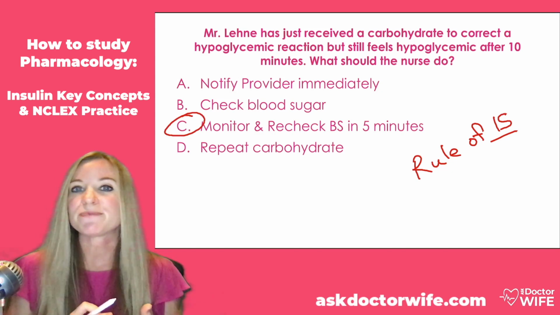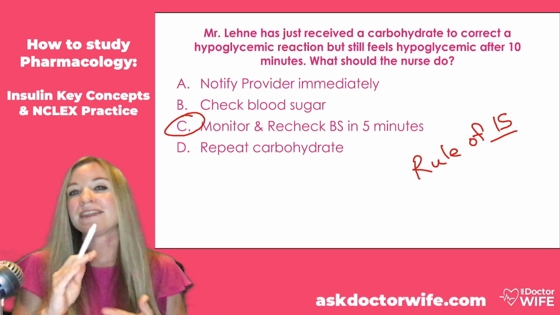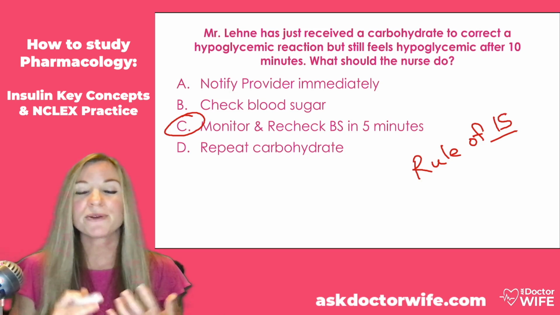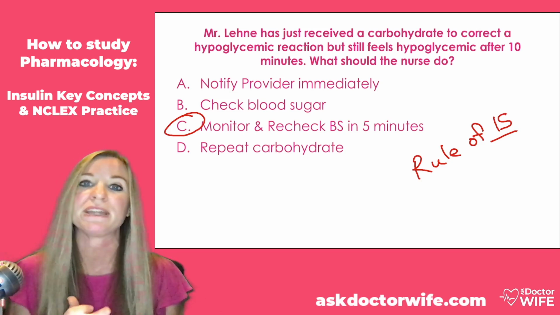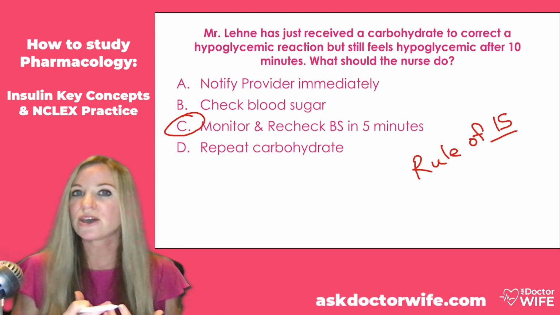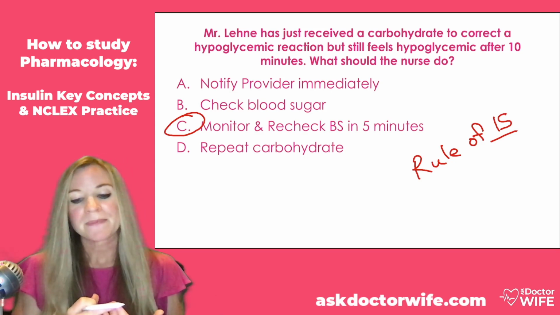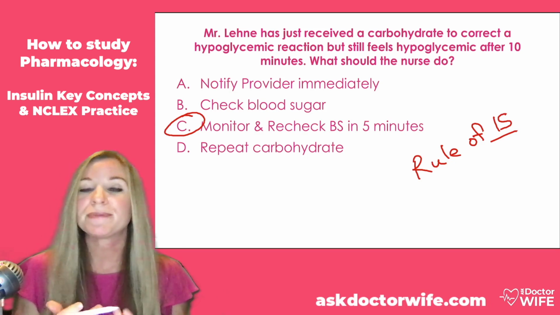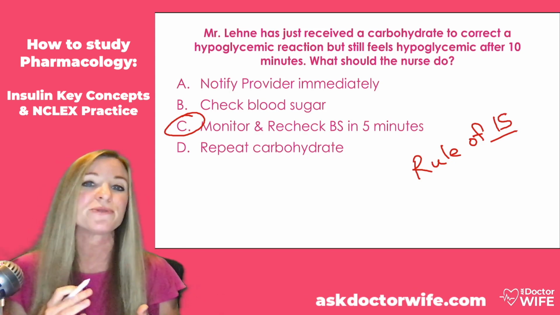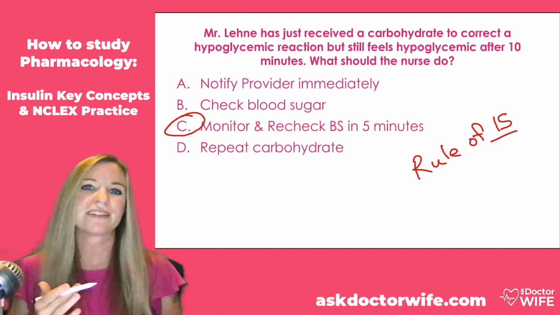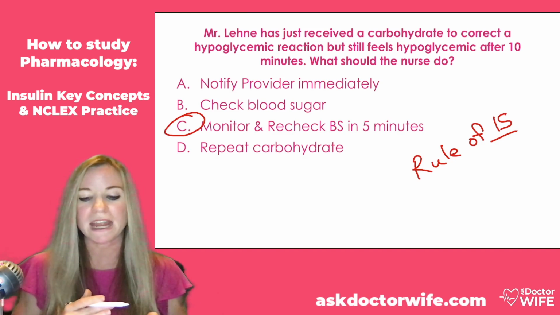If you notify the provider immediately, then that provider is going to say, okay, it's been 10 minutes. Go ahead and recheck it here in a few minutes and let me know what it is. So we're not going to notify the provider first. We can check the blood sugar, but again, that value that we get is not going to be entirely valid or accurate. It's going to continue to climb. So we're going to want to wait a few minutes.